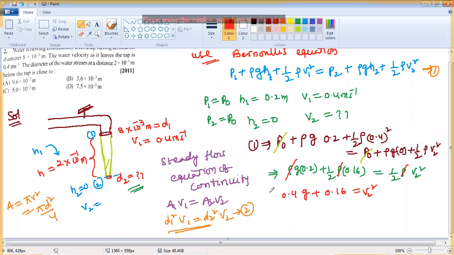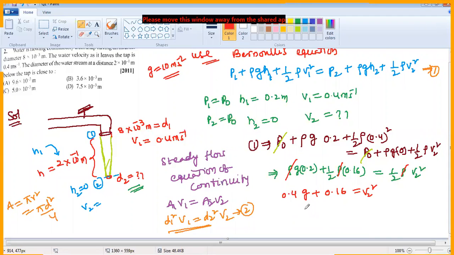Let us take G as 10 meters per second square. If you take G equals 10, 0.4 into 10 means 4, so V2 square equals 4.16.